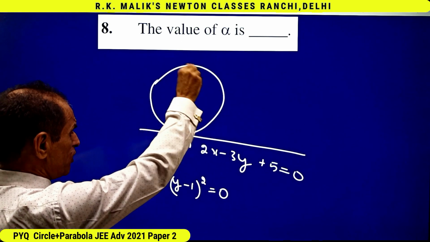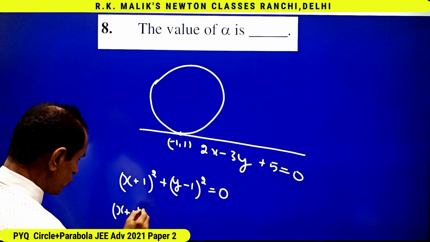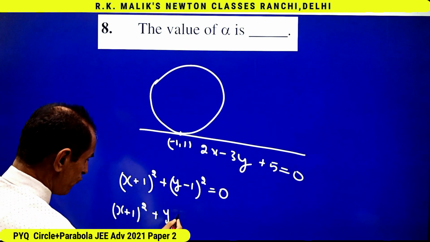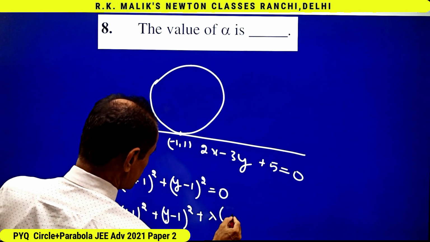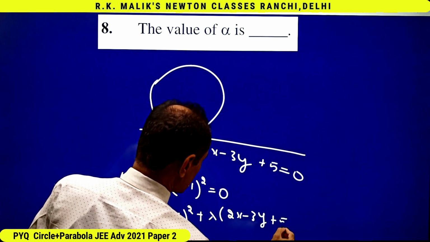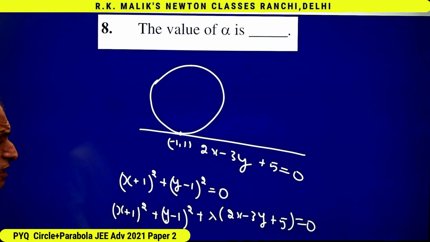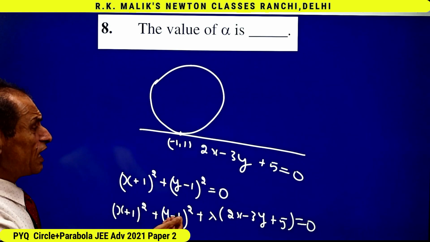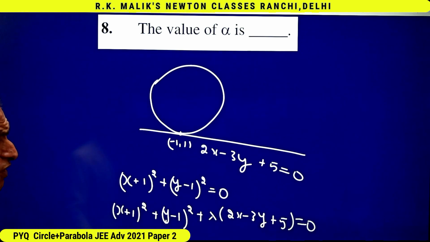Therefore, the equation of our circle will become x plus 1 whole square plus y minus 1 whole square plus lambda into the line, that is 2x minus 3y plus 5 equal 0, and the value of lambda we can get with the help of the third condition given in the question, whatever it is.